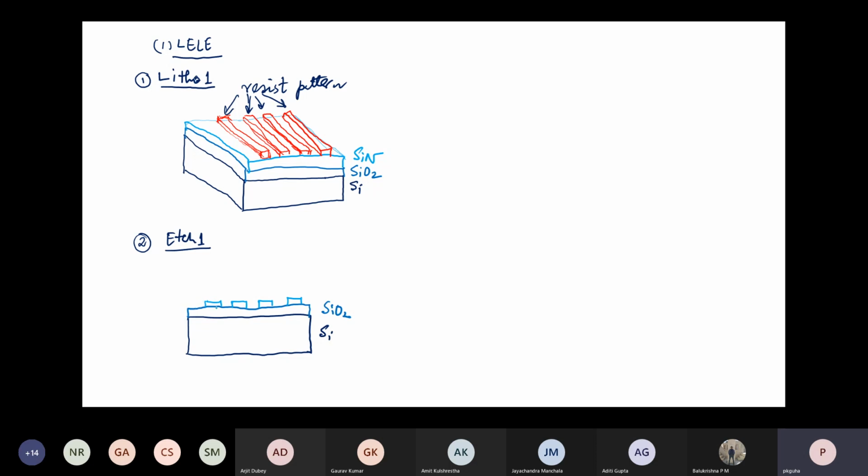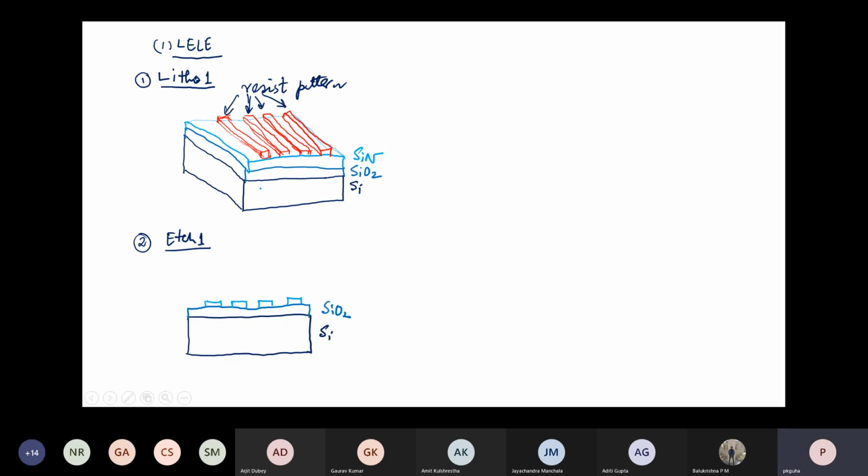I have etched the rest of the silicon nitride, so this part I have removed. So I am left with the first pattern etched into the hard mask in silicon nitride, right.